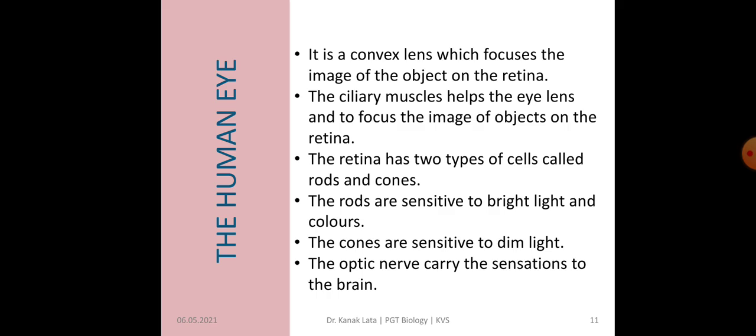So no vision is possible at this spot, which is called the blind spot. The optic nerve carries the sensation to the brain, as we have discussed earlier, and we are able to see the objects. The image formed on the retina persists for about 1/16 of a second.